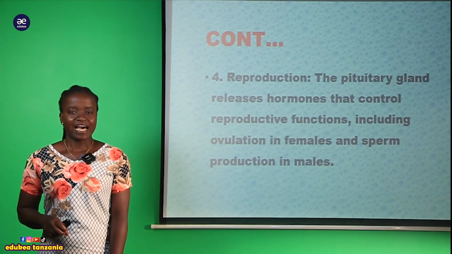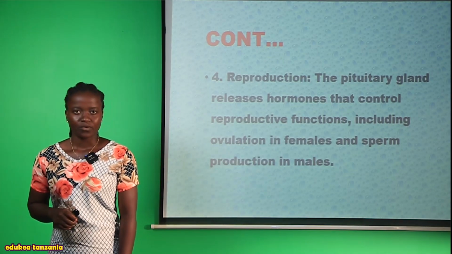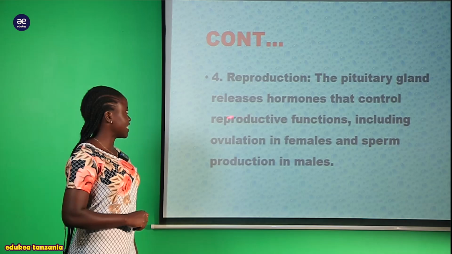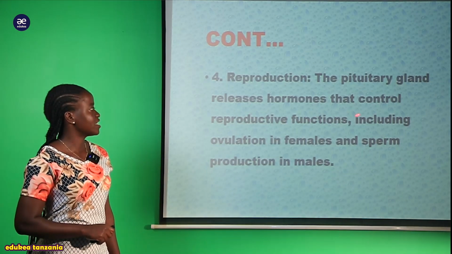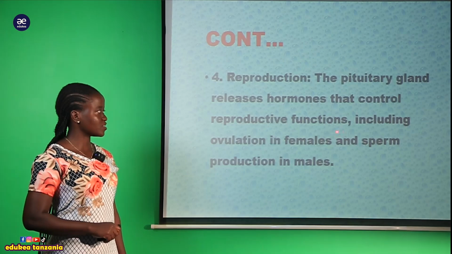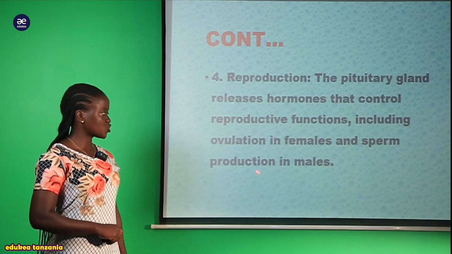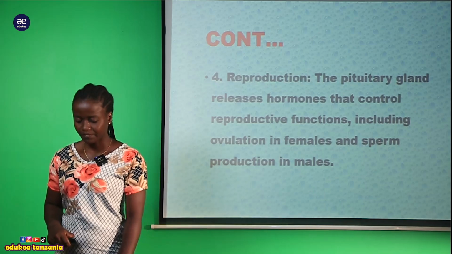The pituitary gland is involved in reproduction. How? We are saying that the pituitary gland releases the hormones that control reproductive functions, including ovulation in the female and sperm production in the males.